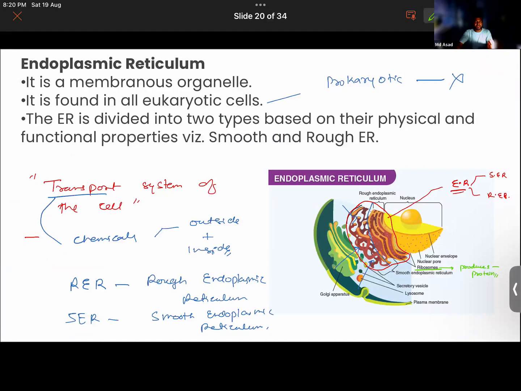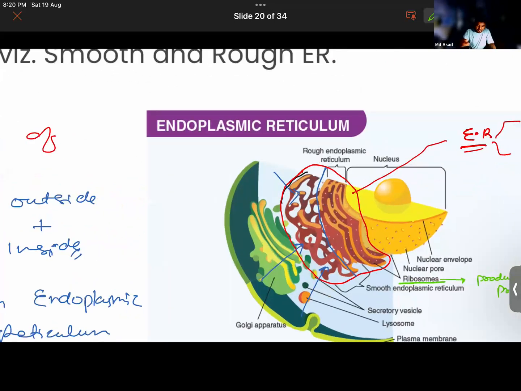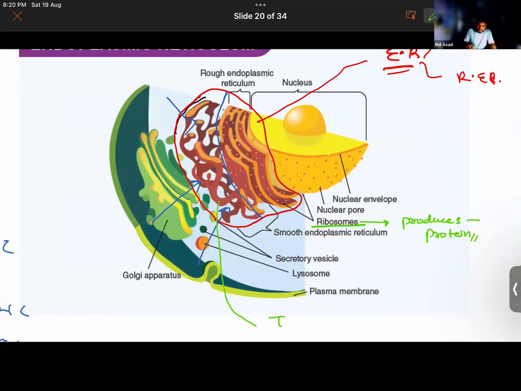So it is simply a system of membranous tubules and sacs. Look at the diagram over here. These are basically tubules. This is a cross section of the diagram, that's why it might not look like a tubule, but it is simply membranous tubules.